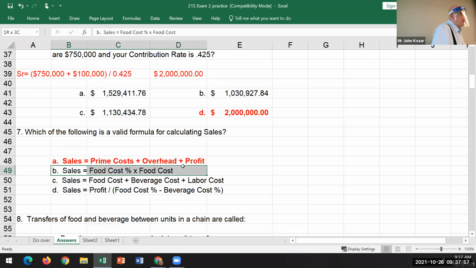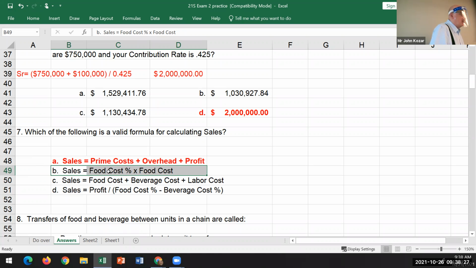Okay, so why isn't it letter B? Okay, this is multiplying them. So what is the proper formula using those 3 variables?